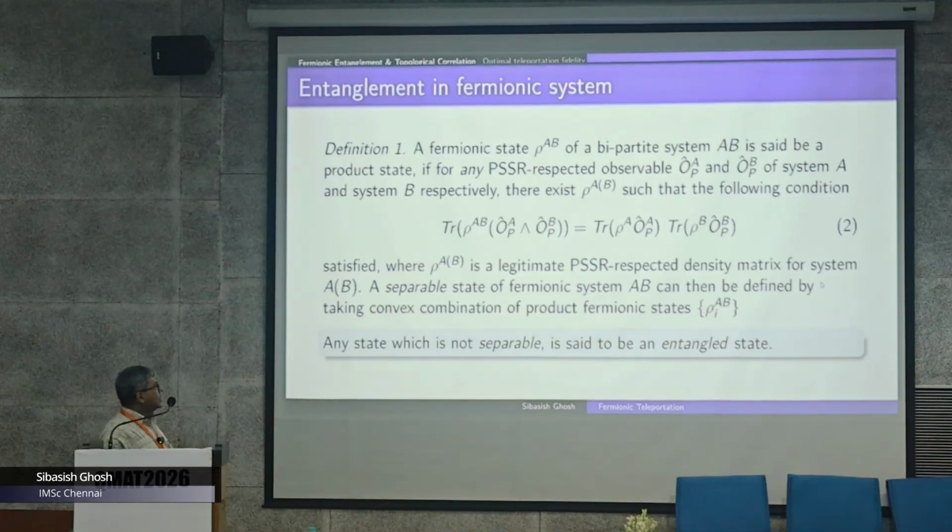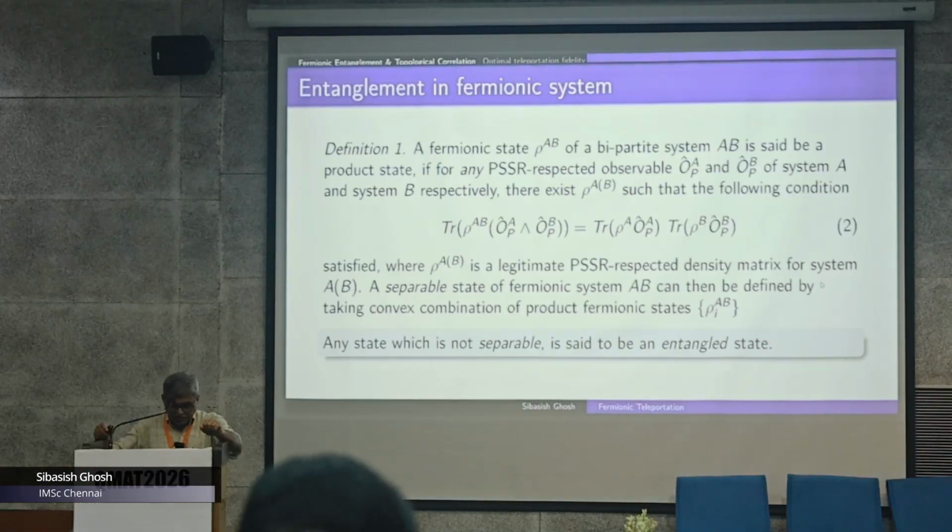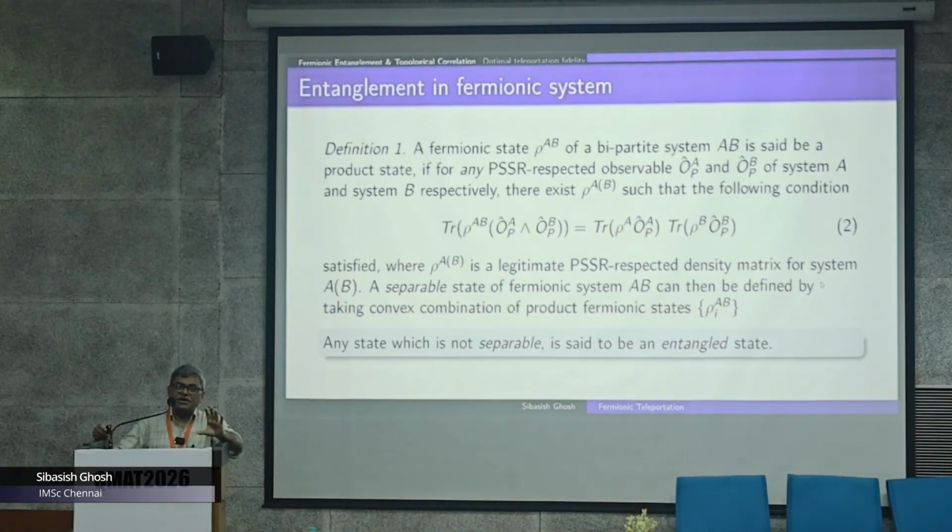So for a fermionic system, in this particular case we will consider the PSSR, that means the parity superselection rule. In other words, it tells you that if I take my fermionic system, and a state, let's say a pure state, it can be a mixed state also, I cannot take a linear superposition of even parity states and odd parity states.